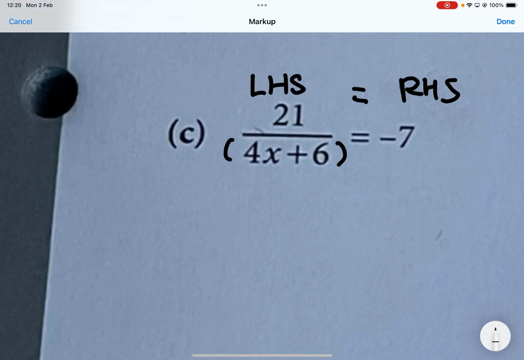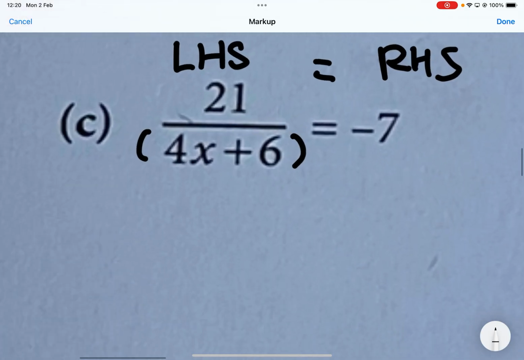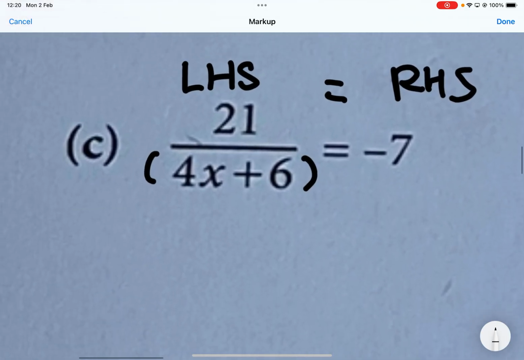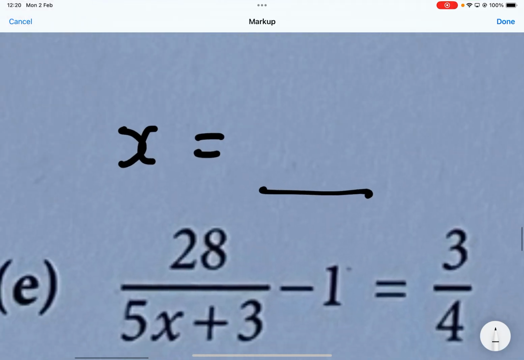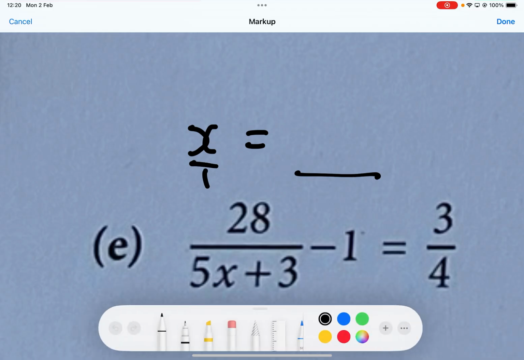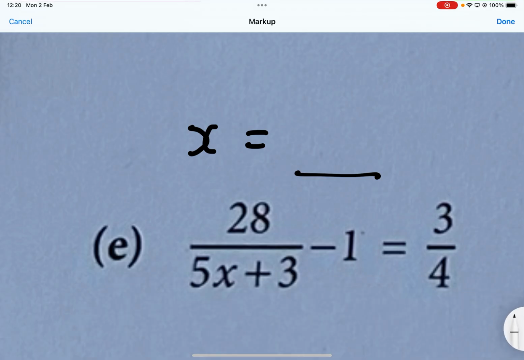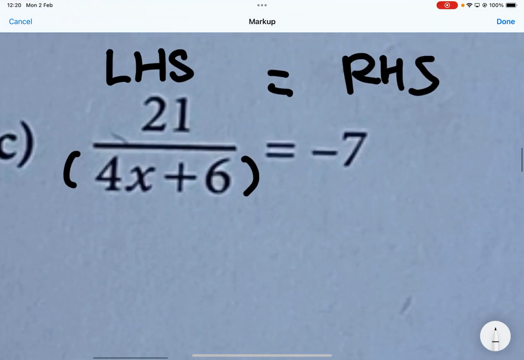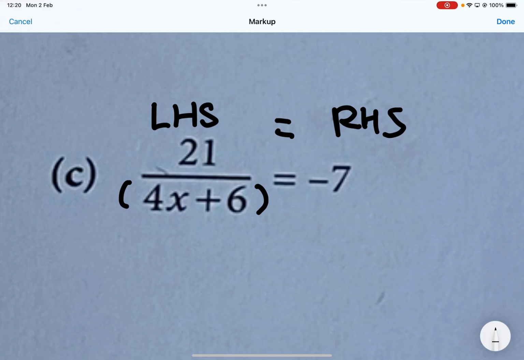Okay? Now when I compare the equation I have with the final equation that I want, my x is a numerator by itself. So from the very first equation that I'm given, I want to continue to write equations. With this equation, I want to write the next equation, until I get to my answer.